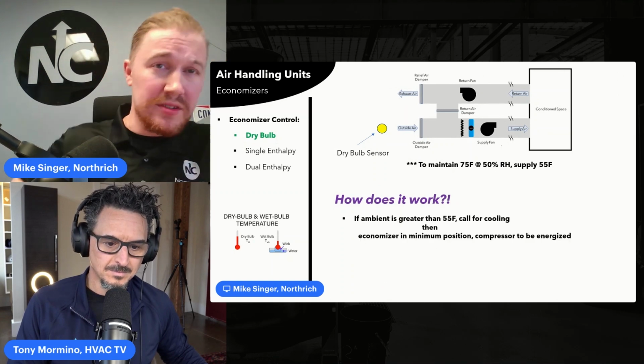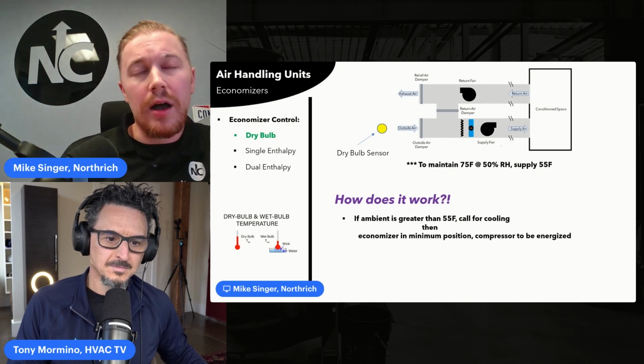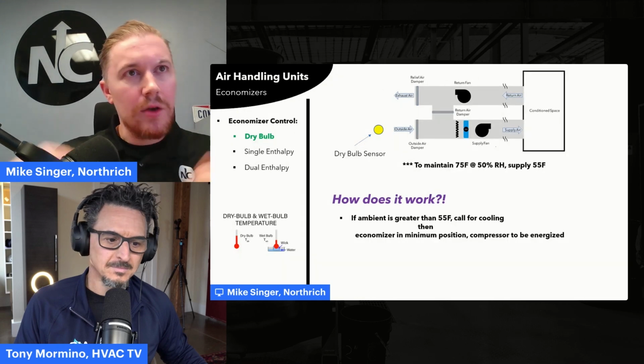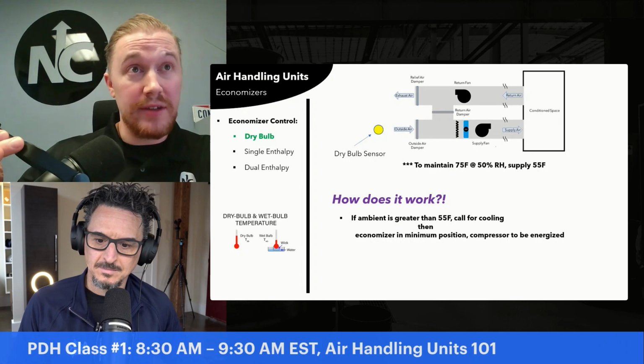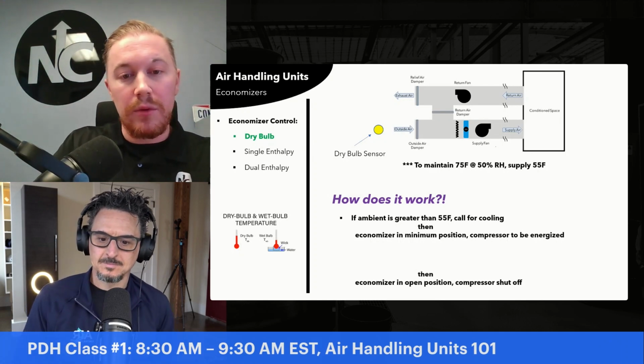So, in other words, if we're using 55 degrees as our tipping point, if the ambient air outside is greater than 55 degrees, we will maintain minimum position in the outdoor air damper and simply bring in enough ventilation to meet our requirements.